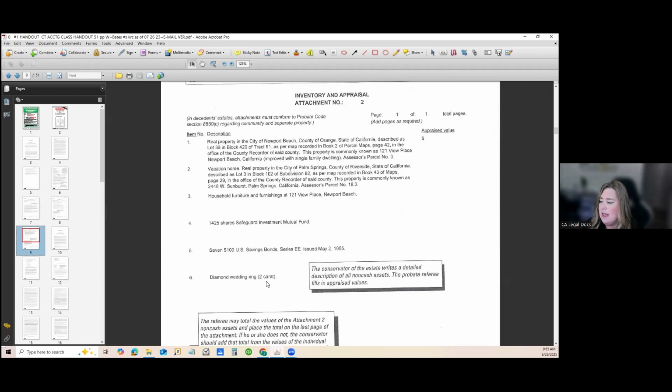But I always like to state, and I'm going to give a really quick example of why it's important. I had a trust accounting, which they were forced to do an inventory and appraisal, and they had a 2 carat and a 4 carat diamond ring. Within the trust, one of the nephews was to get the 4, and the other nephew or son or somebody was to get the 2.